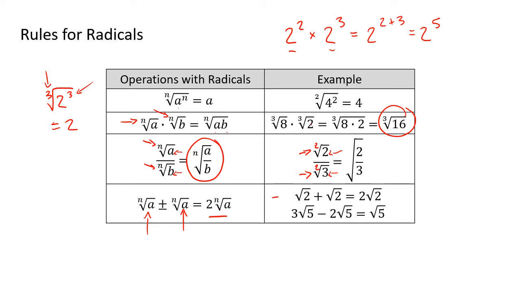For example, root 2 plus root 2, these are the same root, so it's the same as 2 times root 2. If you have 3 times the square root of 5 minus 2 times the square root of 5, again the same number under the root sign and same order of the root, then we simply get just the root of 5. Just subtracting those, 3 minus 2 gives you just 1.